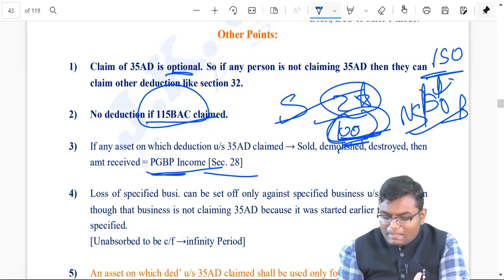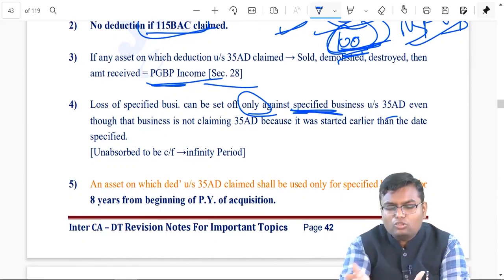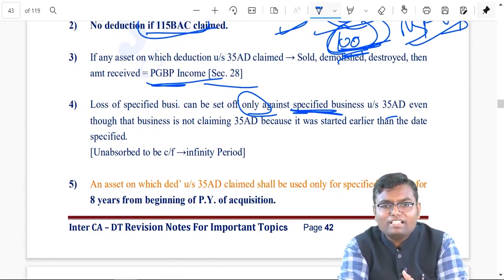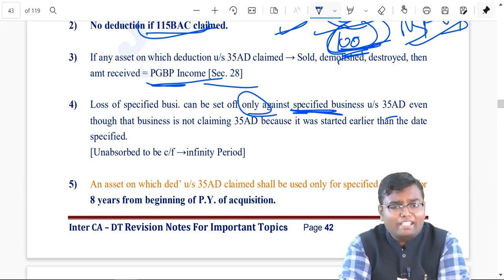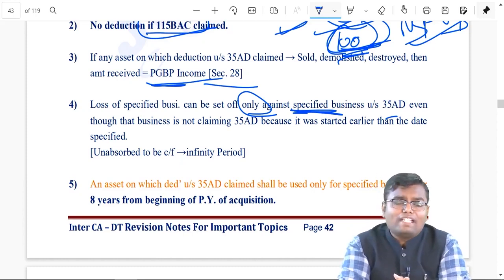So the loss of a specified business can be set off only against another specified business, even though that business is not claiming section 35AD deduction, either because it is an option or because it was started prior to the date which is mentioned. Still I can set off the loss. If balance any loss is there, it will be carried forward for infinite period, which in future also I can set off only against a specified business.